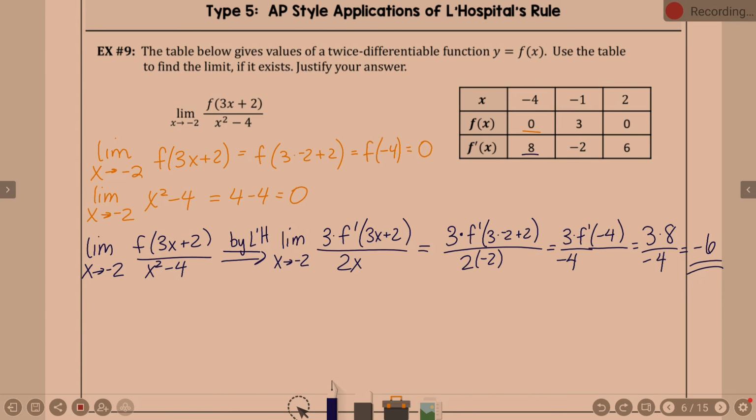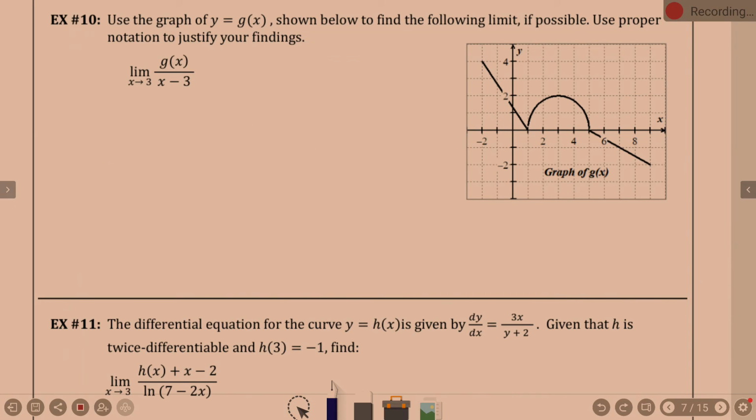Okay, ready to do a graph? Use the graph of y equals g of x shown below to find the following limit if possible. Use proper notation to justify your findings. Okay, well, let's see. The limit as x approaches 3 of g of x is going to be g of 3, right?